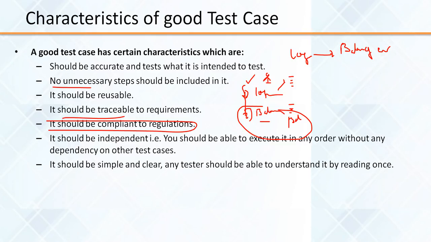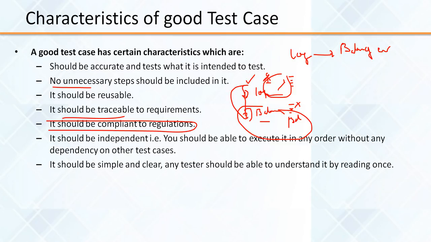If you give one test case to some other person, he will start from the beginning. Suppose you miss the login test case, and this test case depends on that one. The person doesn't know, because you provided only the second test case, so they will be confused. So test cases should not have any dependency. Remember this, okay?